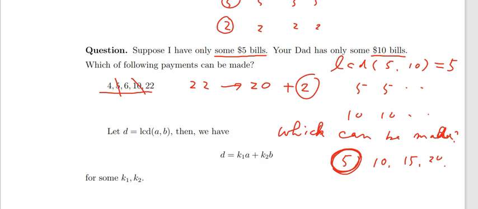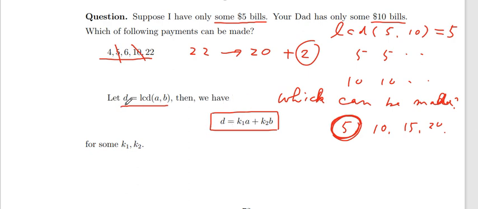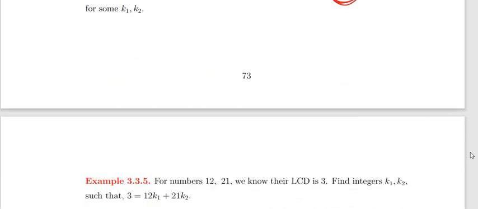So here we have this result: if D is the GCD of A and B, then this D can be made from A and B, as K1 times A plus K2 times B. Once we can make this D from A and B, then 2D, 3D, and those multiples we can make too.